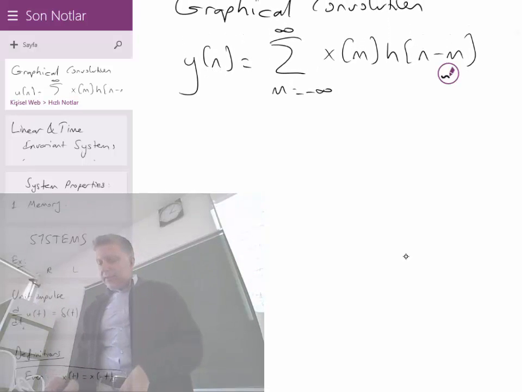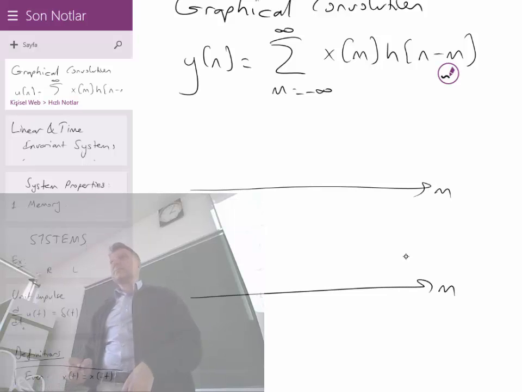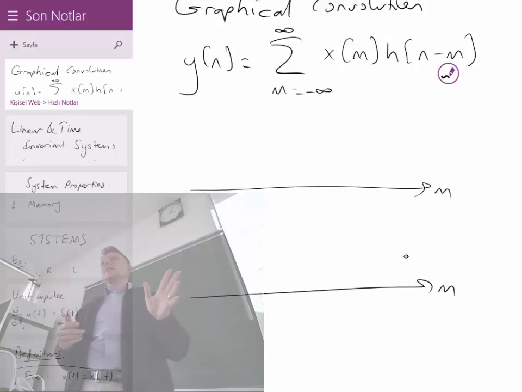Let's now have a separate axis of m for two signals. On the axis of m, we will have an accumulation, because it's a summation over m from minus infinity to infinity. So we will accumulate over this m axis. But what's going on this axis is the question here. The first signal is x of m.